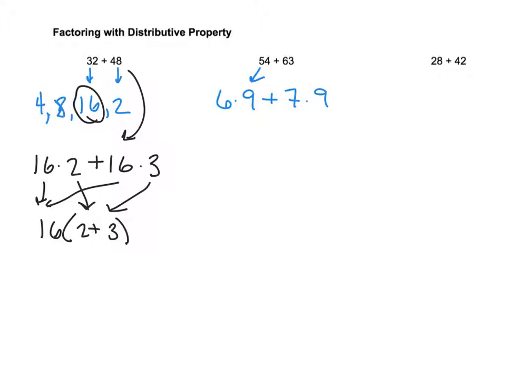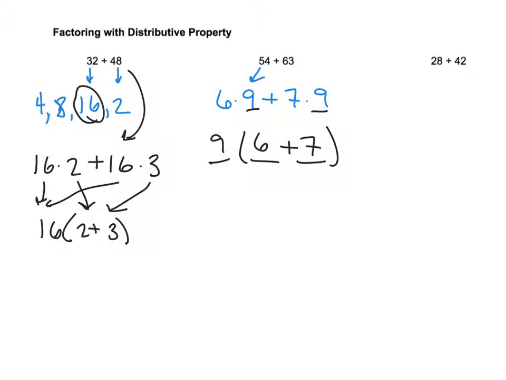Now, again, the 9 is what we notice they have in common. So I'm going to write my 9 out front, okay? And you can set up your distributive property factoring like this. So we know that 9 is going to go out front, and what's left over goes inside, and so that will be 6 plus 7.